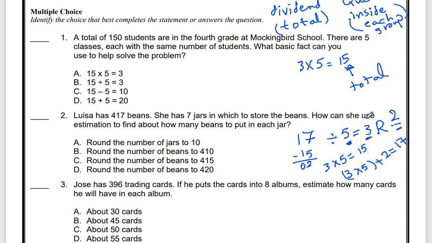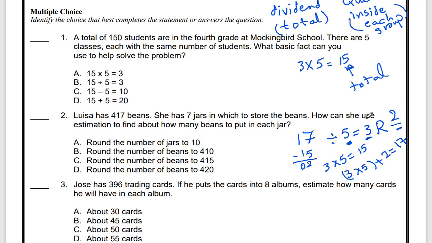Okay, let's see the questions. We have two types of questions. One of them is estimate, and the other type is find or divide. How to estimate and how to find, and how could we know that the question is asking us to estimate or asking us to find the exact solution.